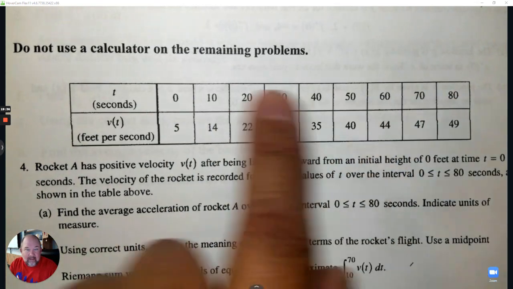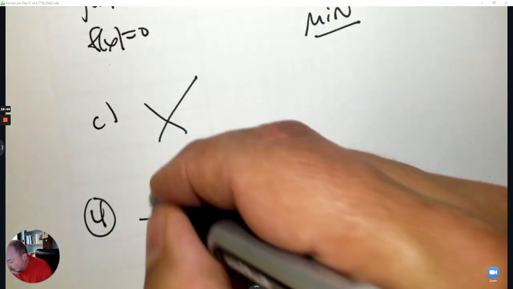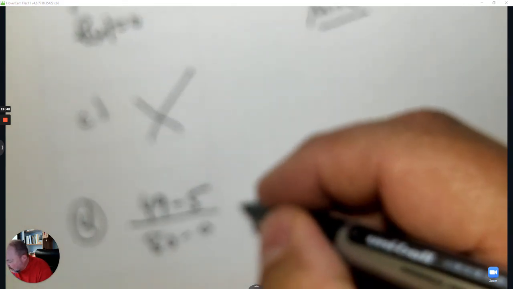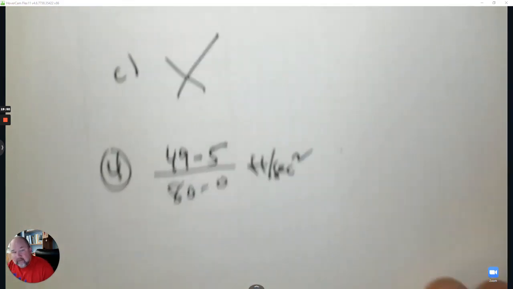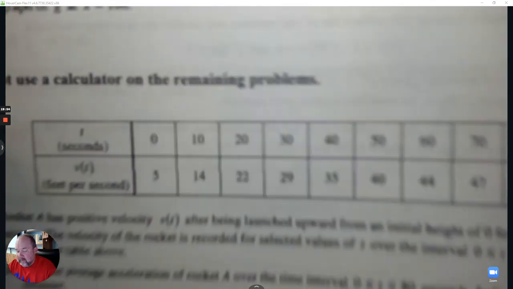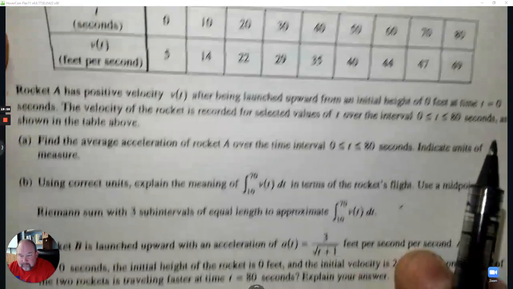So that would be 80 take away 0 on the bottom. And then the top would be the y values, which is 49 take away 5. And that would be in feet per second squared. That would be the average acceleration, which is the slope.